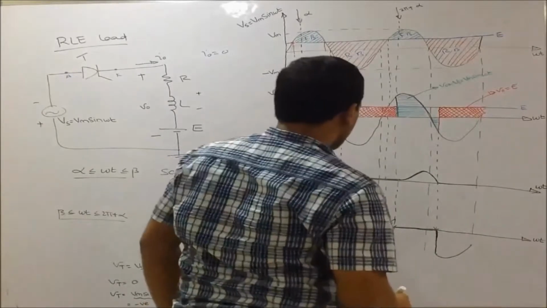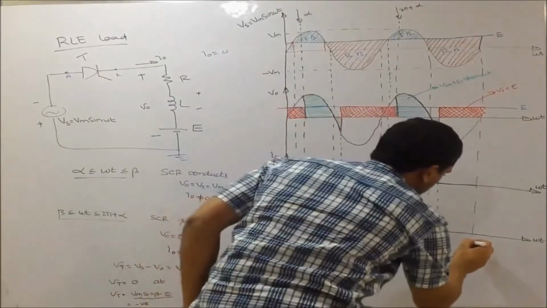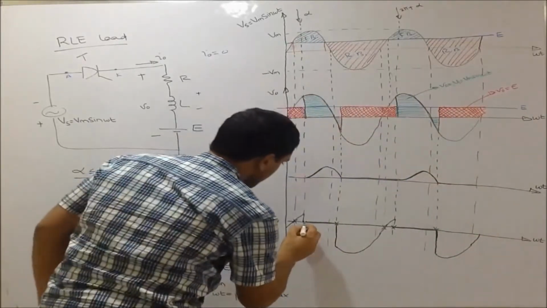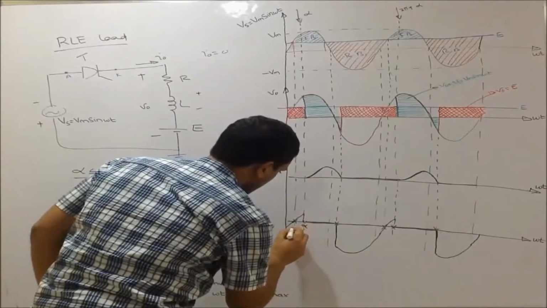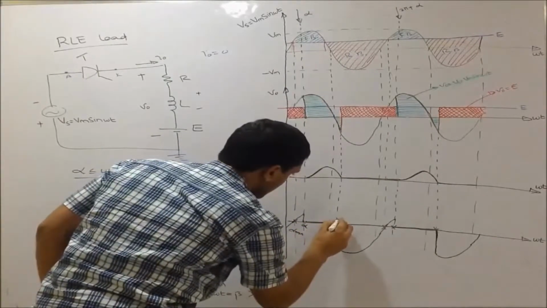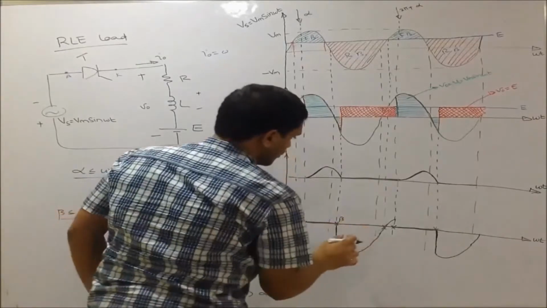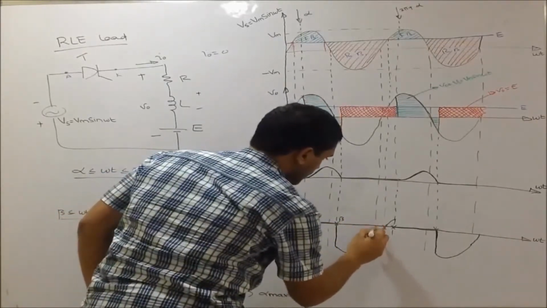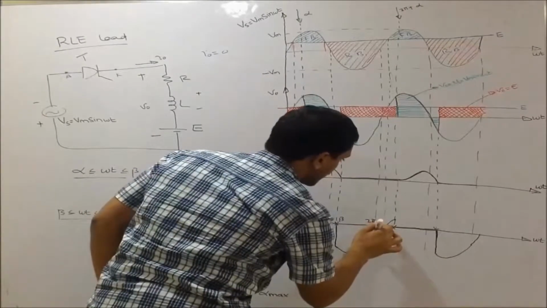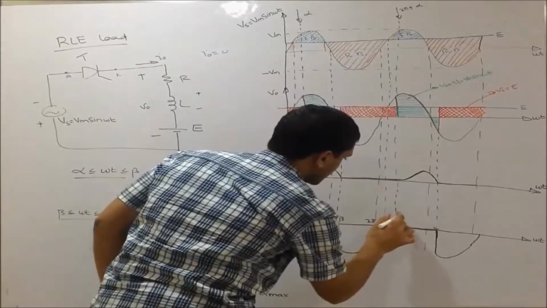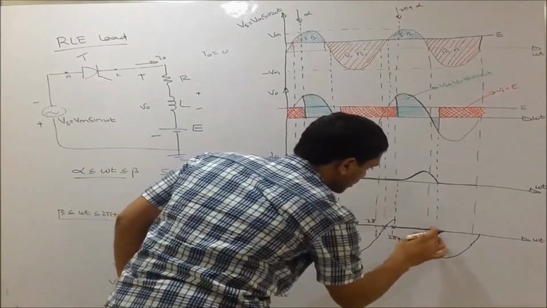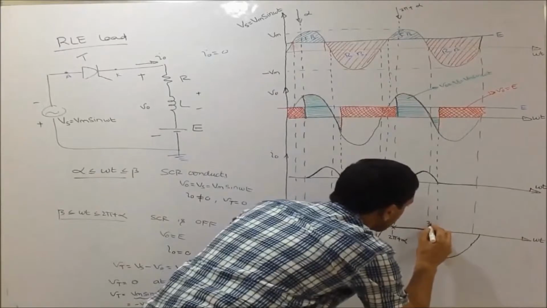So this is the voltage across the thyristor. This is my alpha and this is alpha minimum. This is my beta. This is my 2 pi and this is 2 pi plus alpha minimum. This is 2 pi plus alpha. This is 2 pi plus beta.